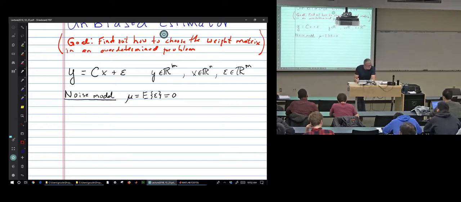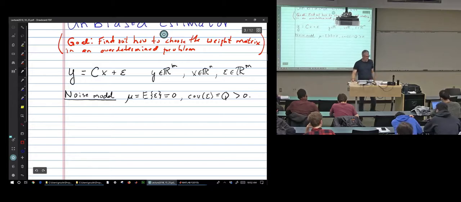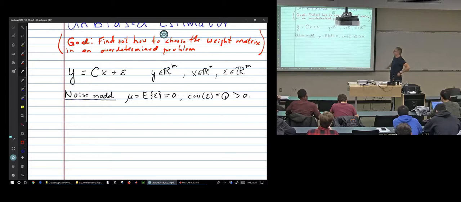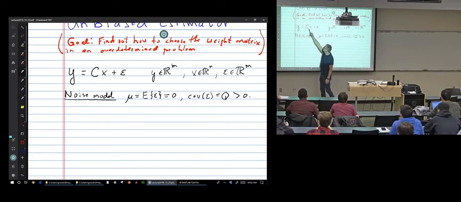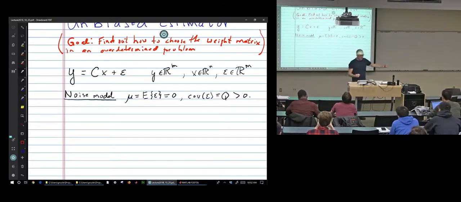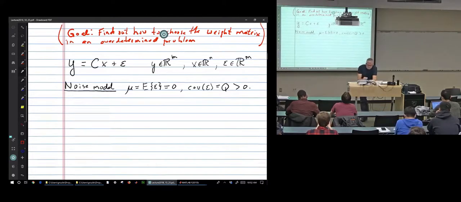And the covariance of epsilon is Q, and that's positive definite. So what is different now is we have a model for the perturbations that are showing up on what we think is our deterministic sensor model.